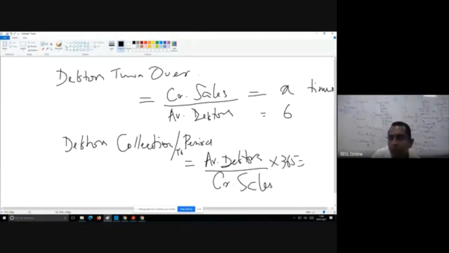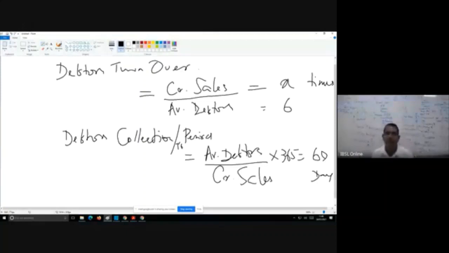In this case, it is 60 days, right? That means on average, how many days it takes you to collect your credit sales. Debtor collection period or debtor turnover period.